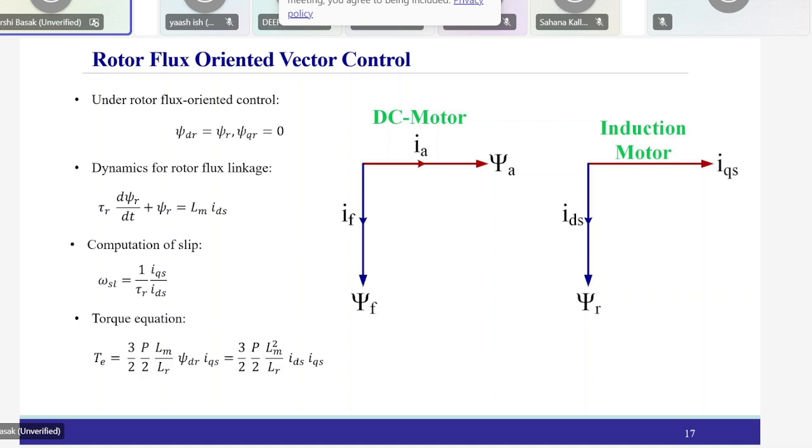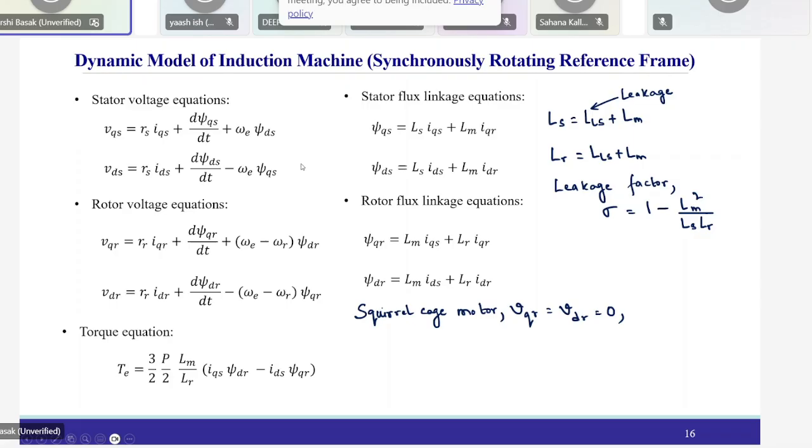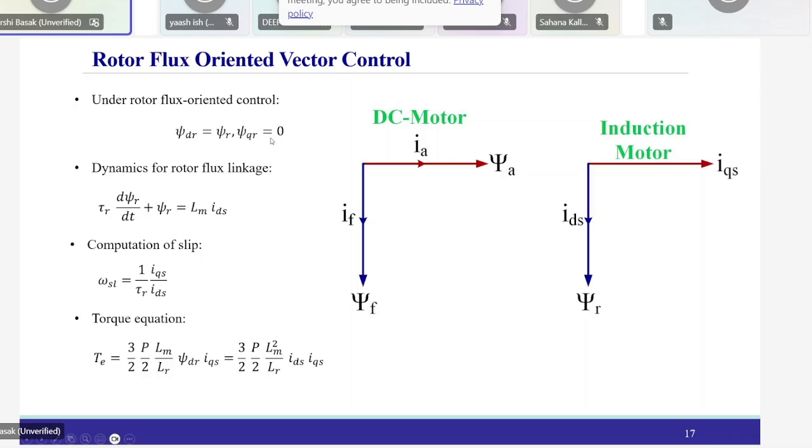Now, if we want to do what is called a rotor flux oriented vector control drive, then under rotor flux oriented vector control, you will have this expression that psi dr equal to psi r. Okay, so all the components will be aligned to the rotor axis, and the q axis flux will be equal to 0. And then the dynamics of the rotor flux linkage will be given from this equation.